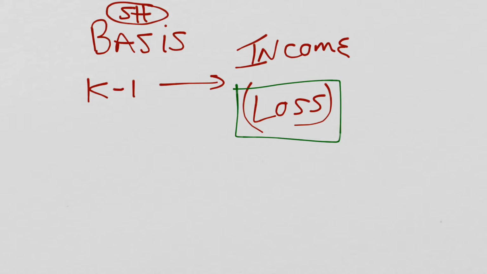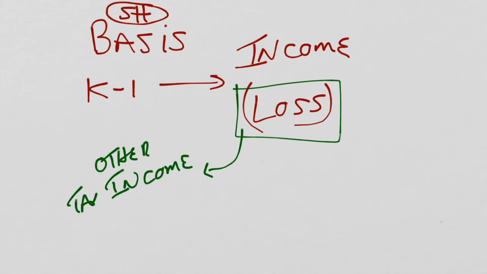So we learned also last time that if you have a loss, we don't want a loss, but if you do have a loss and you have other income on your tax return, since that loss gets combined against the other income, it reduces the other income subject to tax and reduces your overall tax.